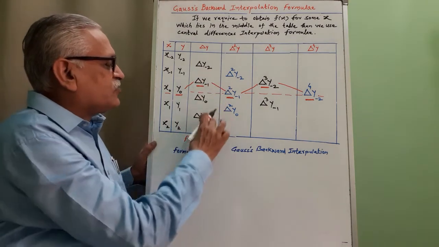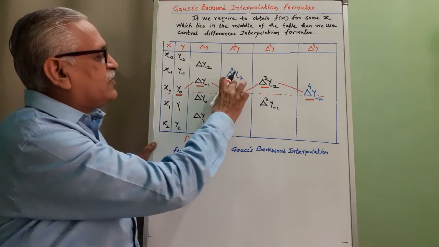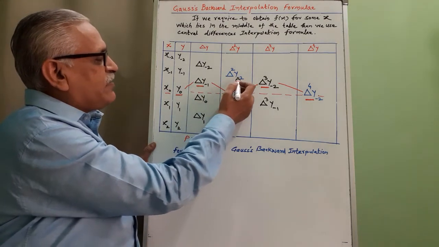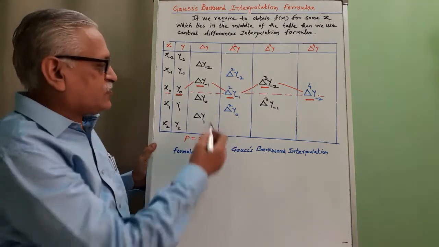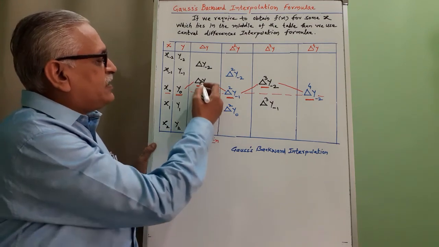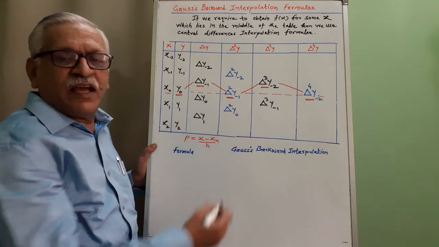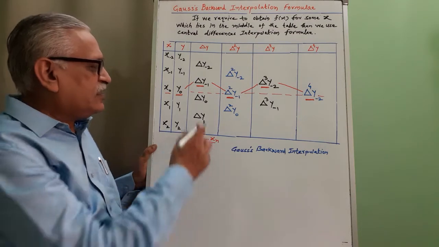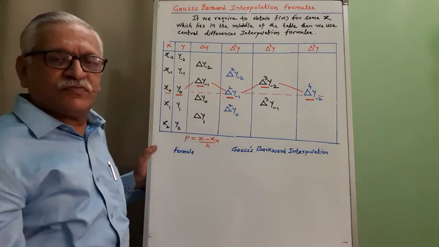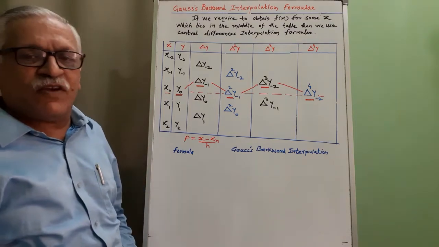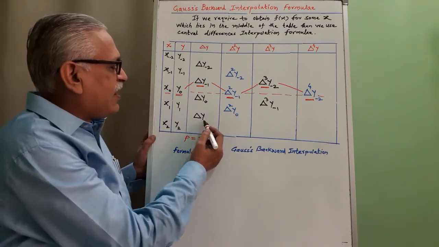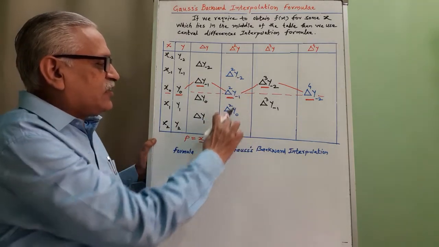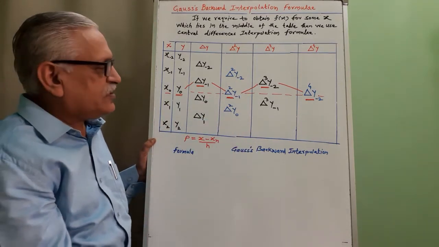Then taking the differences of these differences, we get second order differences: del y minus 1 minus del y minus 2 as del square y minus 2, del y0 minus del y minus 1 as del square y minus 1, and we write all the values in between those two values, in the center of those two values. Del y1 minus del y0 as del square y0. These are second order forward differences.